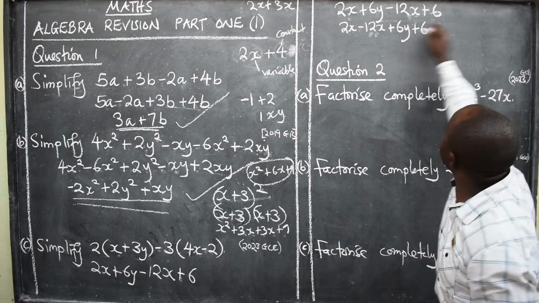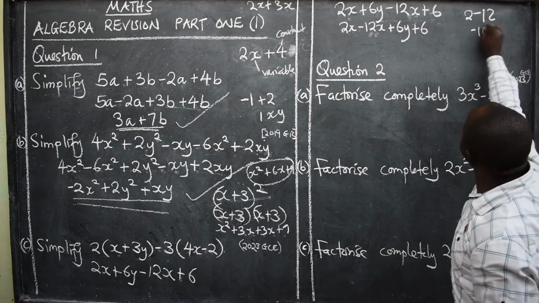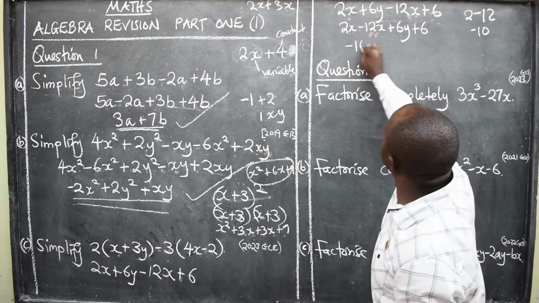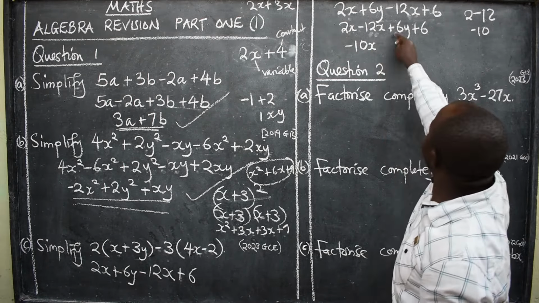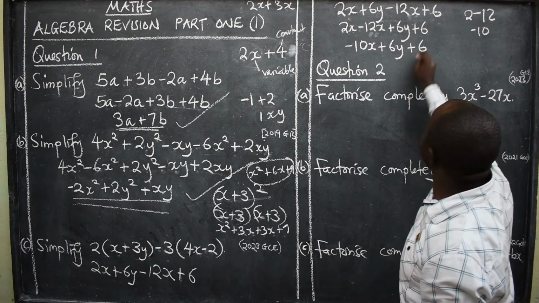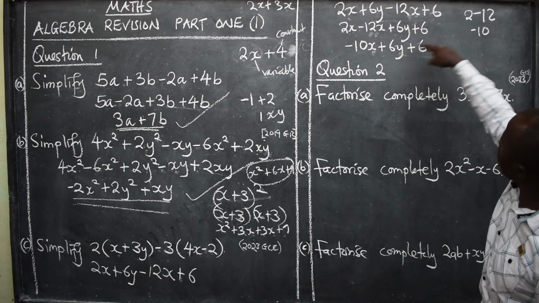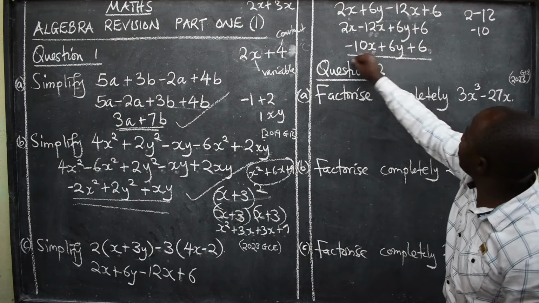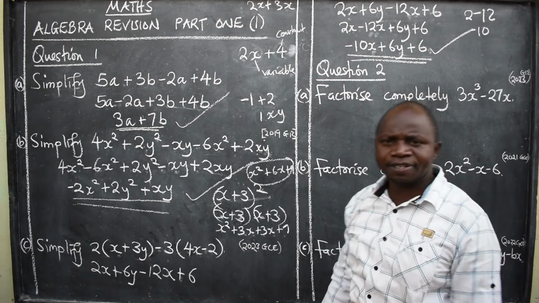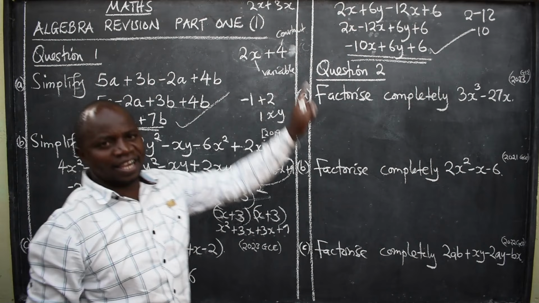This is negative 10, not 10. So this gives us negative 10x here, plus 6y, plus 6. Are these like terms? Here there's x, here there's y, here there's nothing. This is the final answer. Just like that. I hope the first part here is clear.